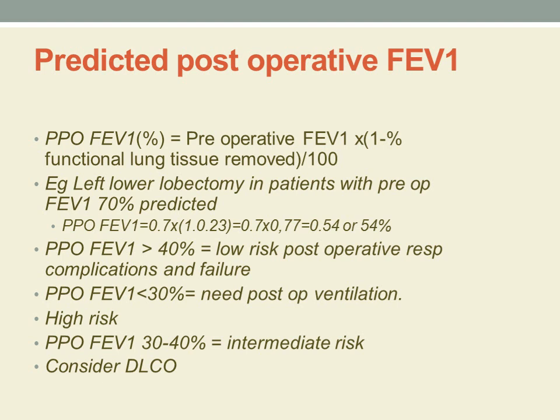The next test is DLCO. It assesses the parenchymal function of the lung, and they use carbon monoxide to see the transfer from the alveoli into the blood circulation, and it gives a good indication of gas exchange.